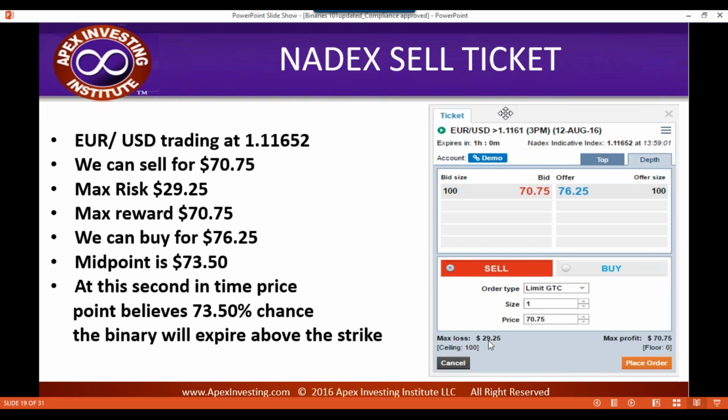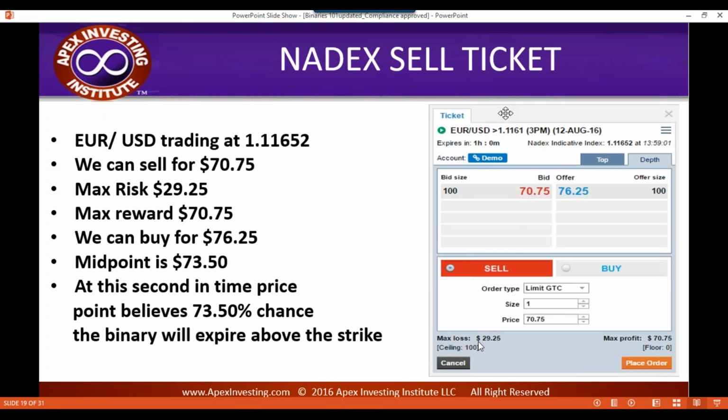My max loss, $29.25, is the difference of where I sold compared to $100. If you add 70.75 and 29.25 together, what number do you think you'll come up with? $100, right?